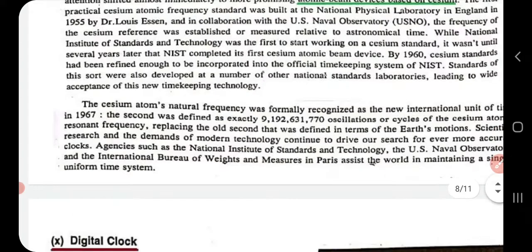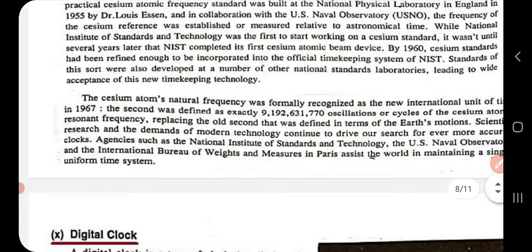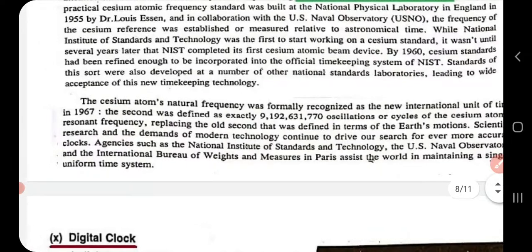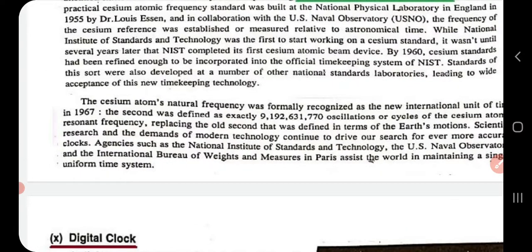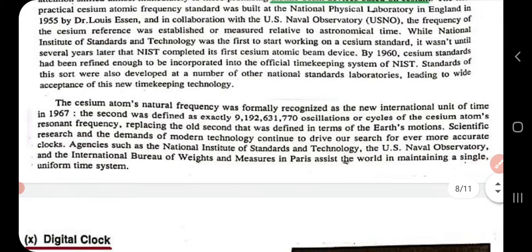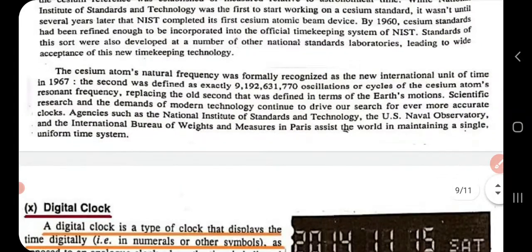So the cesium's atomic natural frequency was formally recognized as a new international unit of time in 1967, and some specifications about the cesium are given, that is how many oscillations it has got, then how it is calibrated in terms of Earth's motions, like that. Okay, so this paragraph also you can just read through.